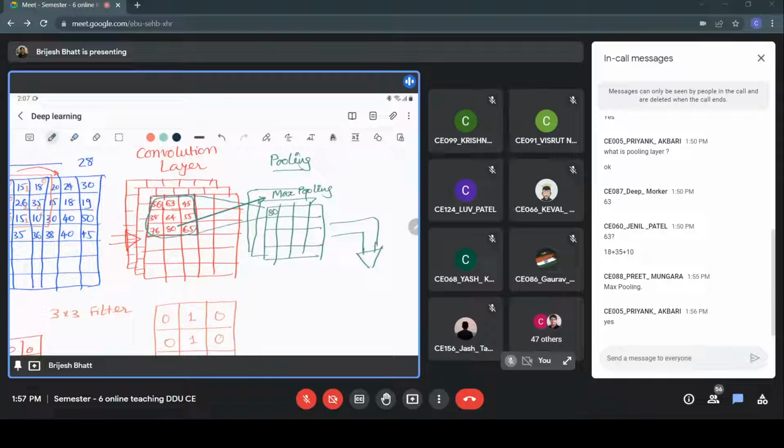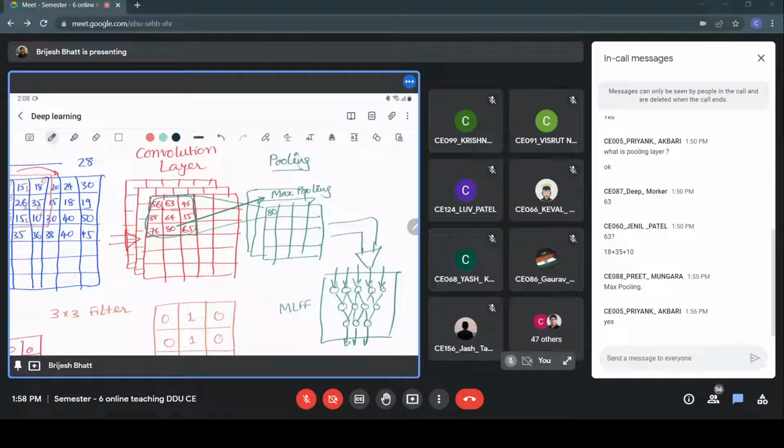And after that, you can give it to a multi-layered feed-forward network, which is designed for some classification task.